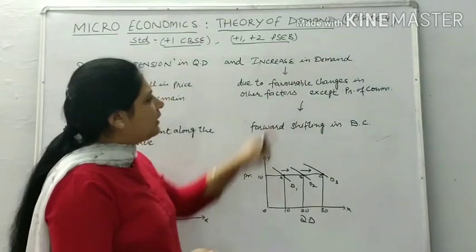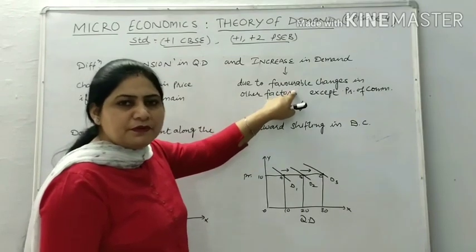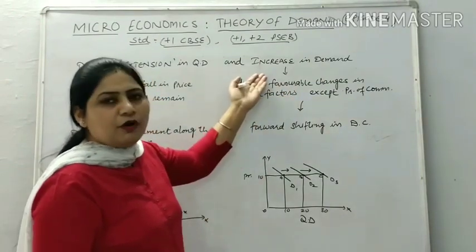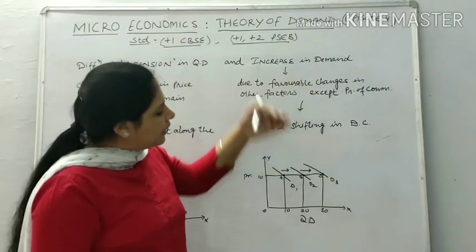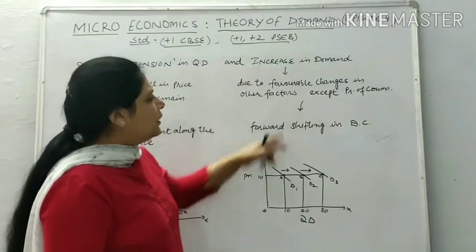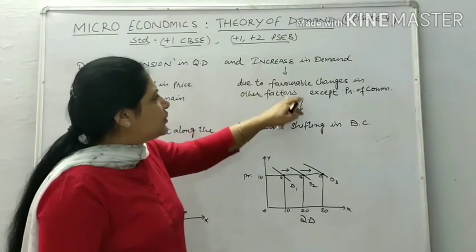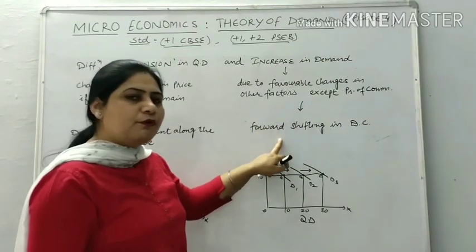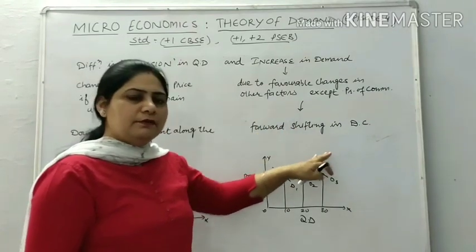Because of those favorable changes, there occurs a change that we call increase in demand for a particular commodity. Students, this increase in demand is shown through a forward shifting of the demand curve.